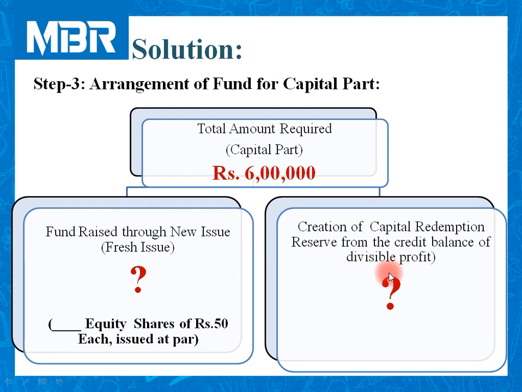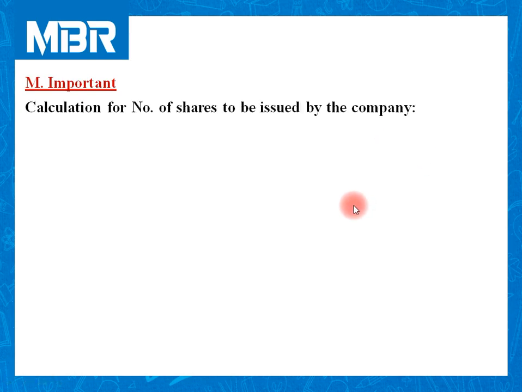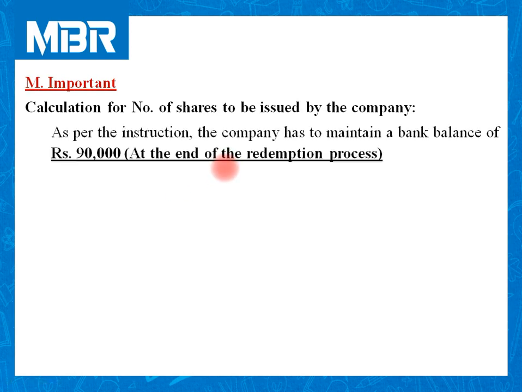Until and unless we can find out these numbers, we cannot move forward in the process of RPS redemption. So this is the most important calculation of this topic. Let us move to the calculation for the number of shares to be issued by the company.